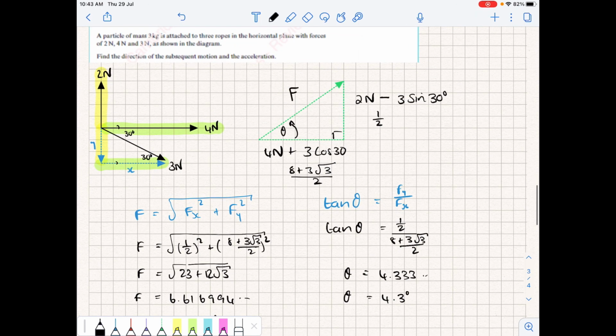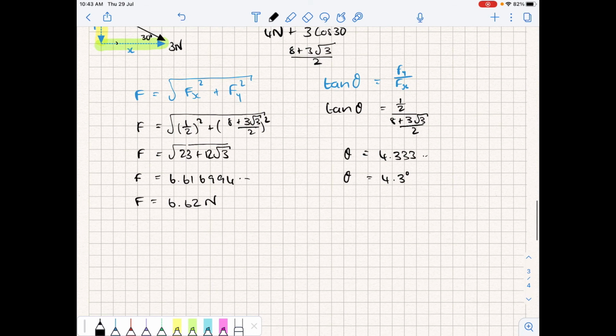Returning to the question, we were asked for the direction of the subsequent motion and the acceleration. We have the force in the direction of motion now, so we can use Newton's second law: force is equal to mass times acceleration. The force is the force that we've calculated, 6.62.